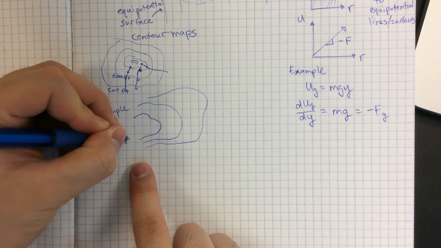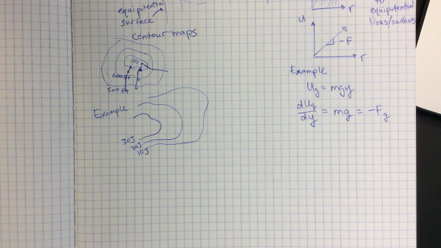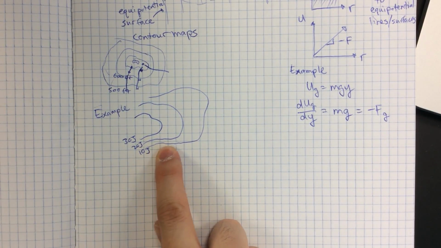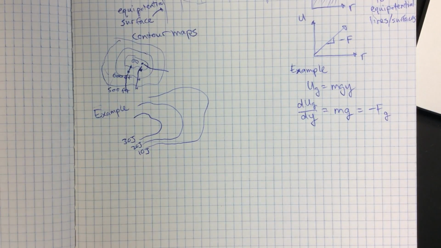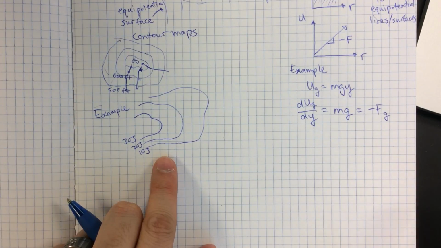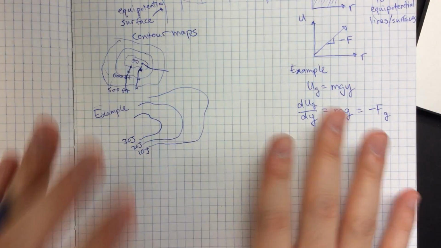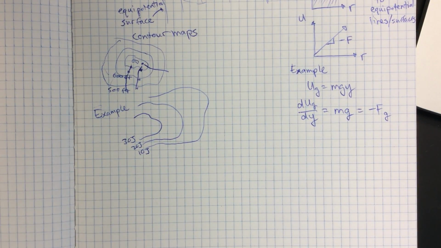Let's say this is 30 joules, 20 joules, 10 joules. What this should tell you is that anywhere along this outer line has 10 joules of potential energy. Again, not necessarily gravitational, but whatever the force is that's affecting this object.